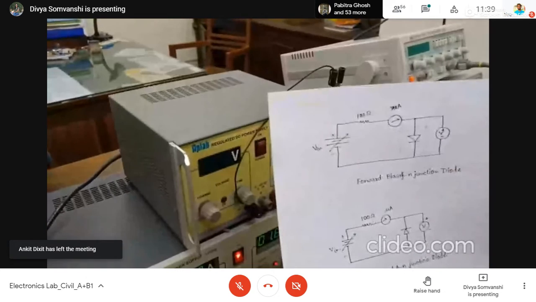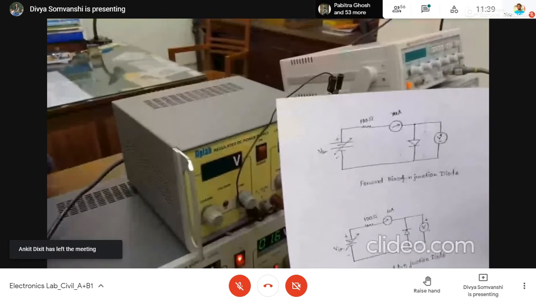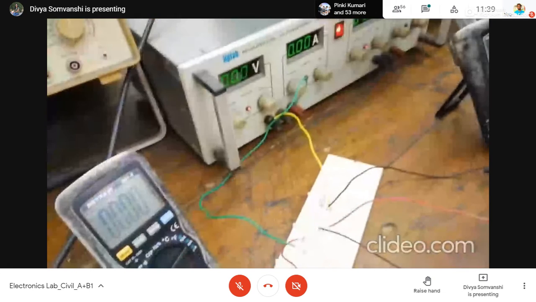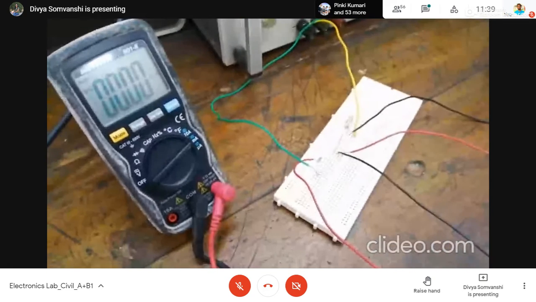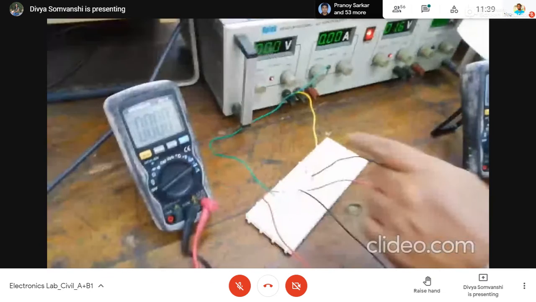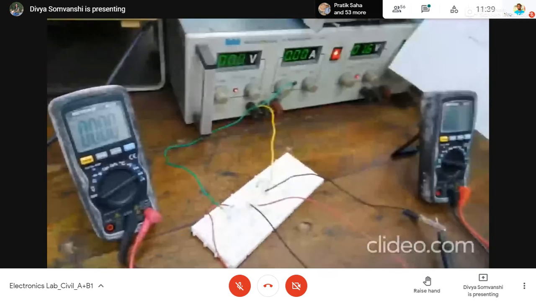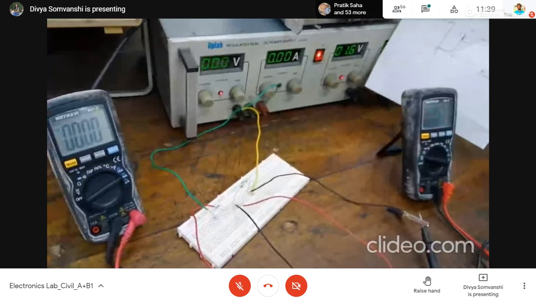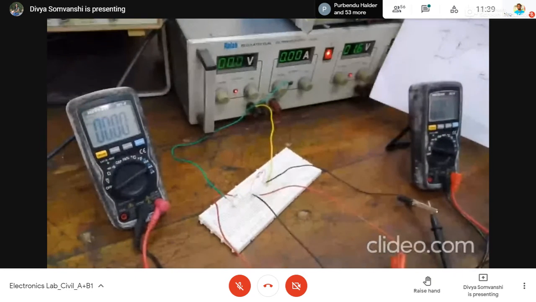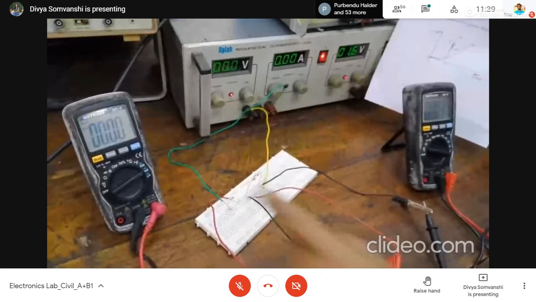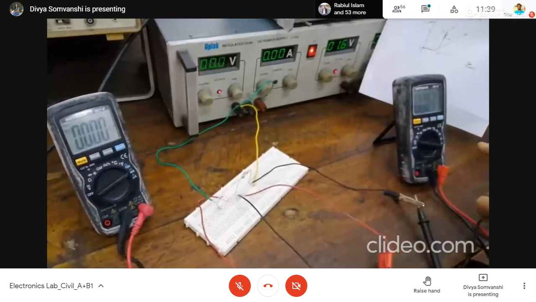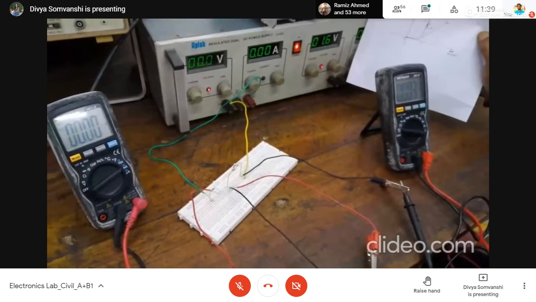This is a forward bias PN junction diode, and the diode number is OA79 for the germanium diode. Now, I want to show you, if I increase the voltage in the order of 0.1, 0.2, 0.3, 0.4, how much current is coming out at this meter. This meter is used to measure current. This meter is used to measure voltage.